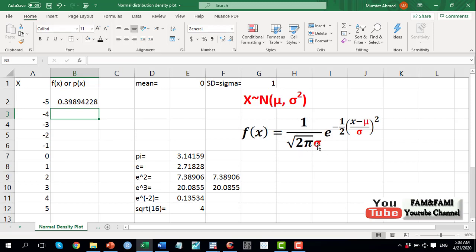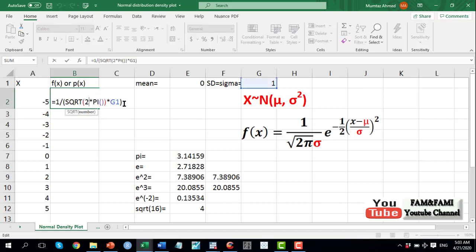Now this whole thing is being multiplied by e raised to the power of this expression. So simply click it here and then the asterisk sign for the multiplication, and then we need to type this e as exp, and then the number is this whole thing that occurs in the power as an exponent to this e.